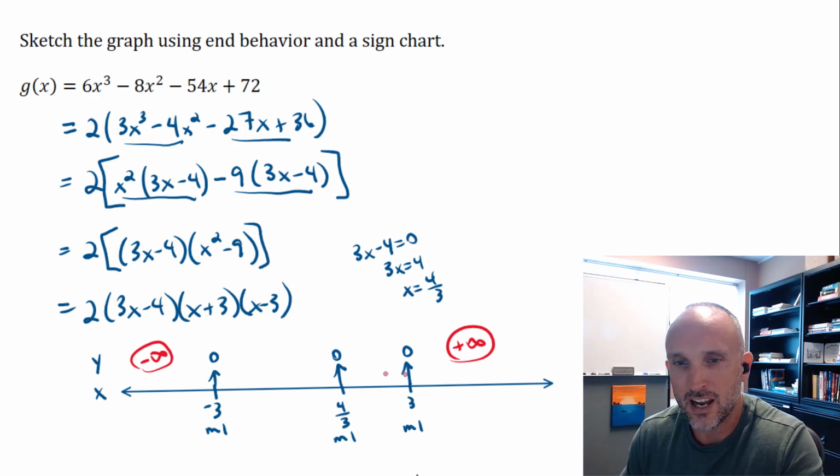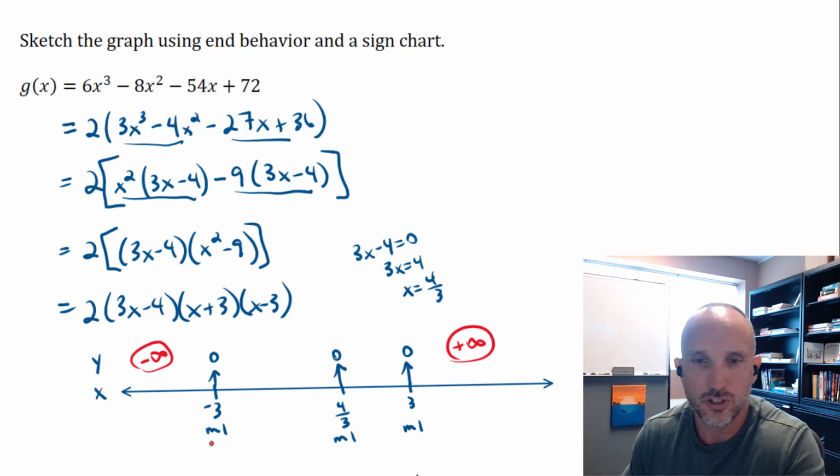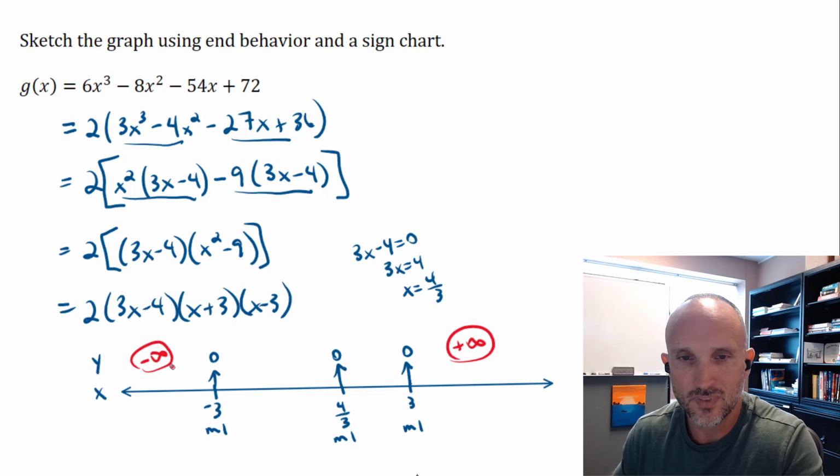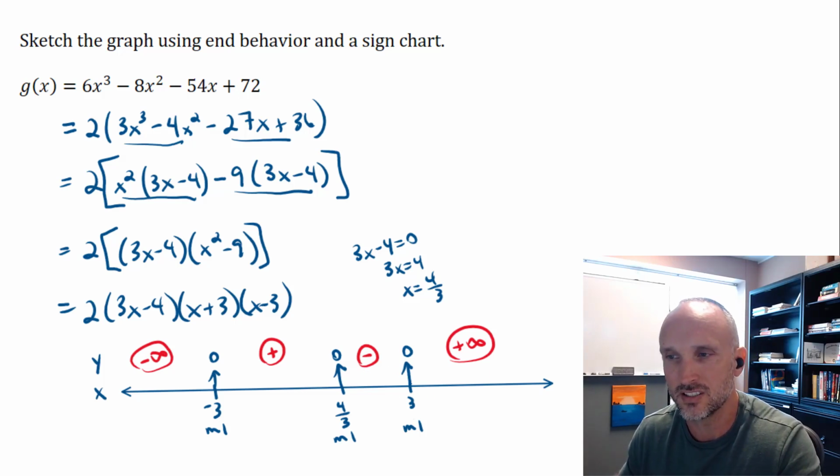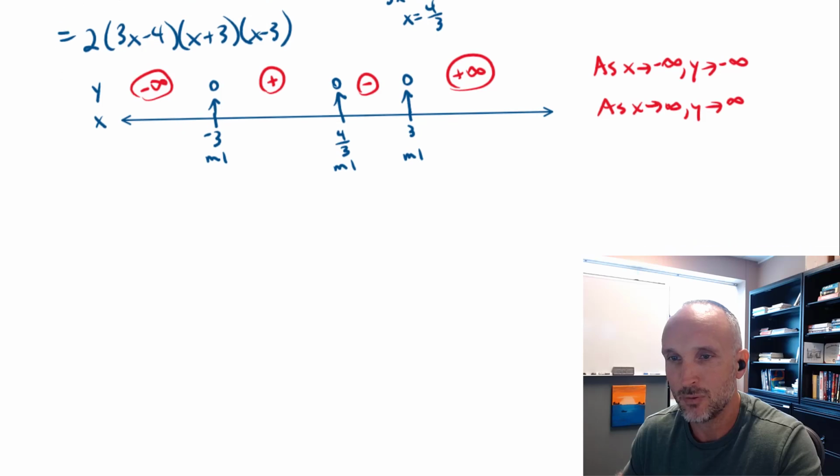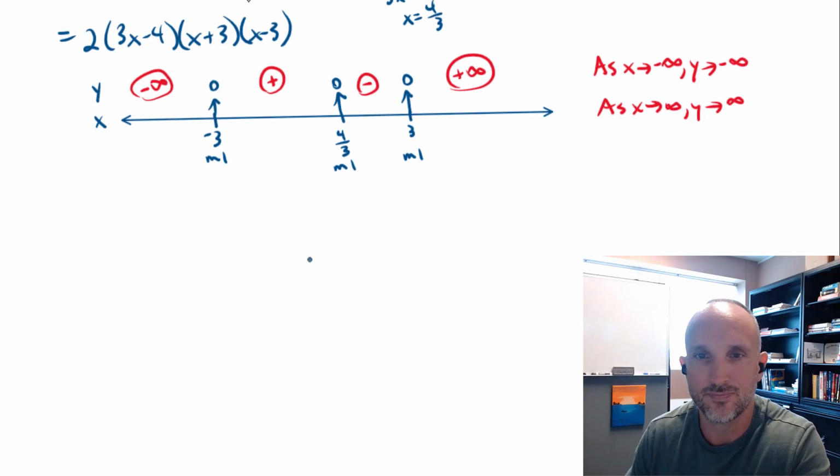And then I can use my calculator to get the middle behavior, but I'm going to go ahead and use multiplicities, which are all odd. So this negative sign is going to change to a positive across this odd multiplicity. This positive changes to a negative across this odd multiplicity. And this negative changes to a positive across this odd multiplicity. And we have a complete sign chart.